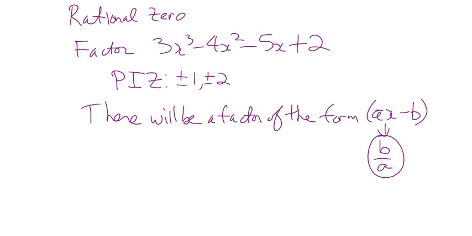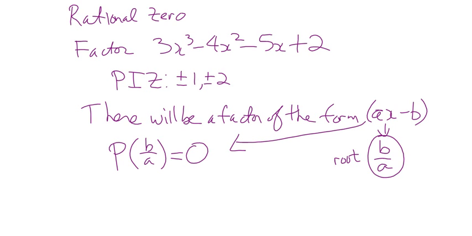So if the factor is in the form ax minus b, then the root is b over a, which means that p of b over a will be equal to 0, right? If it's a factor. So given that there's a factor of this form, the root is b over a.